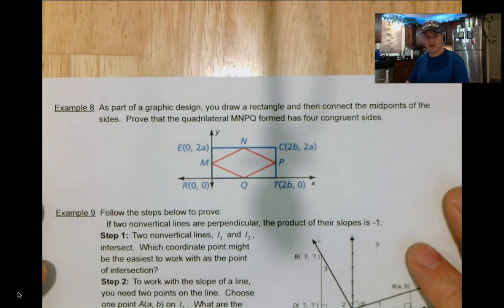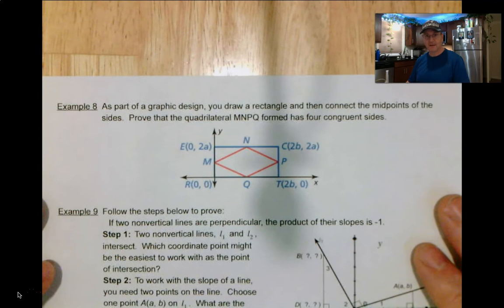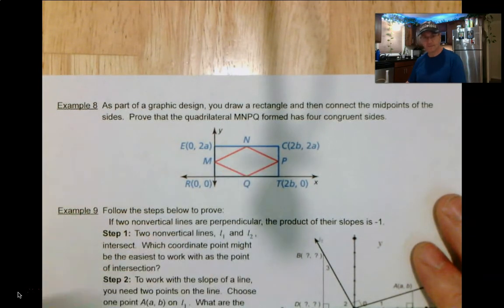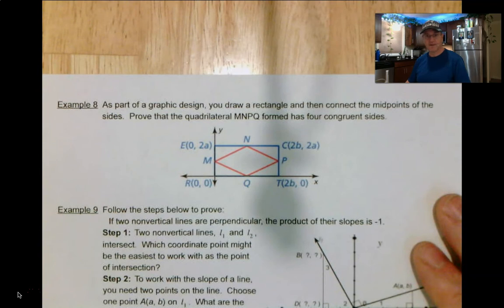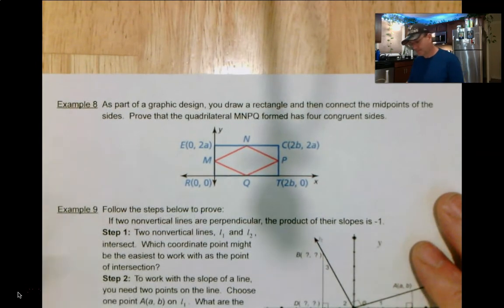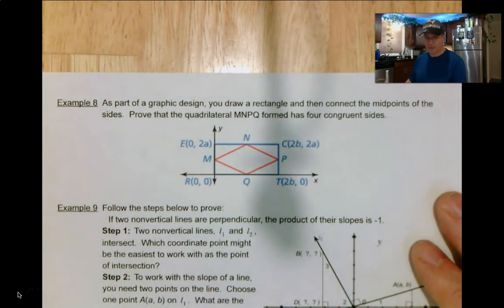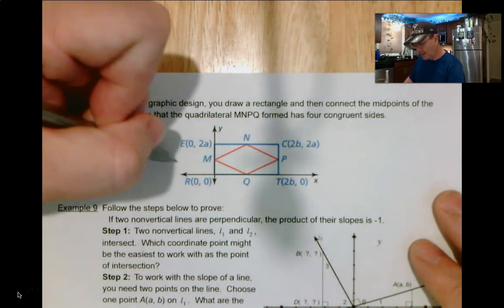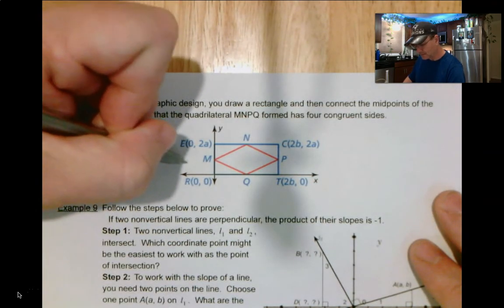As part of a graphic design, you draw a rectangle and then connect the midpoints of the sides. Prove that the quadrilateral MNPQ, the midpoints, formed has 4 congruent sides. We want to prove that it is a rhombus. All right, so to do that, we need to know what the coordinates of these are. So let's go, coordinates for M are 0, a.